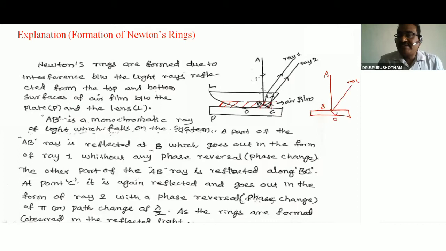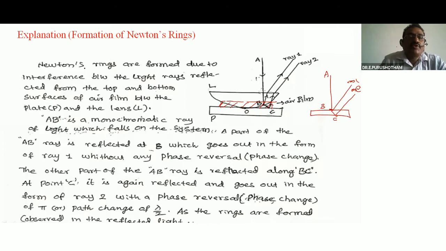From the point C, it is also reflected and emerges out as ray 2. So these reflected rays, this is the top and this is the bottom of the reflected ray.